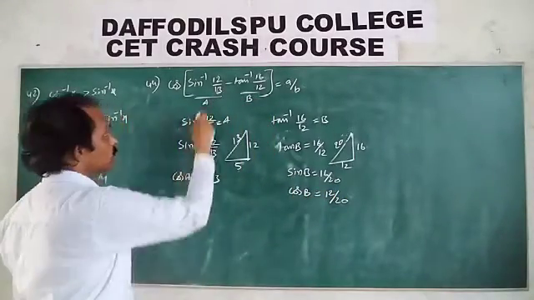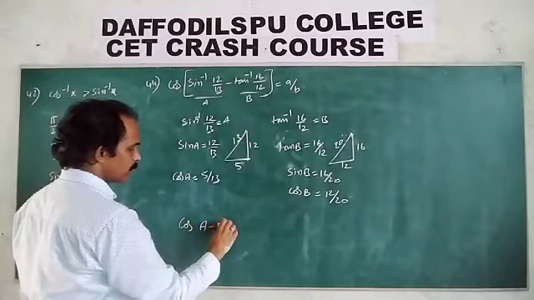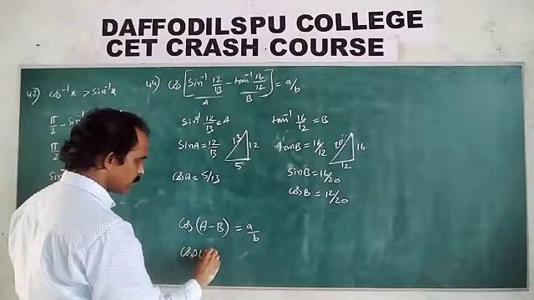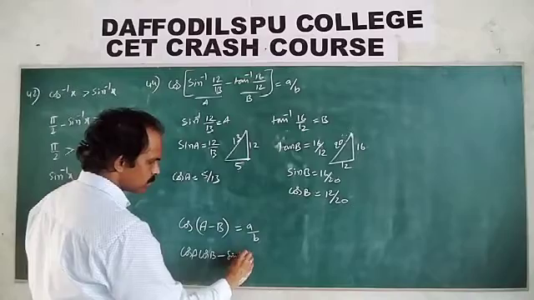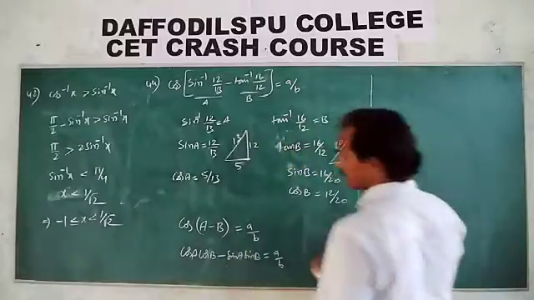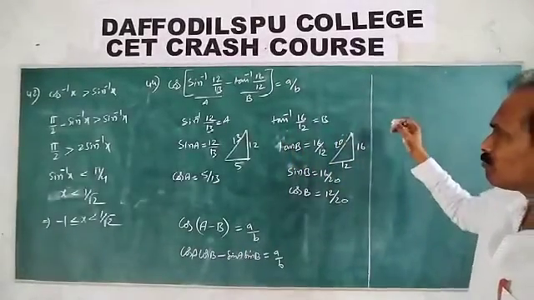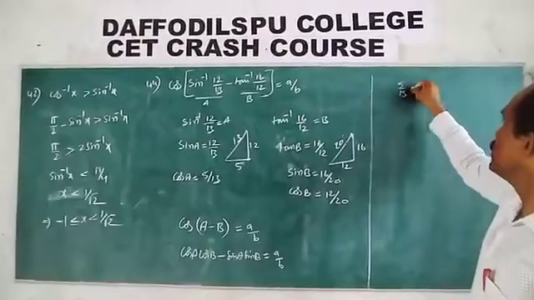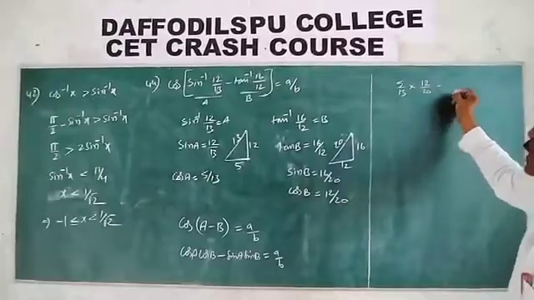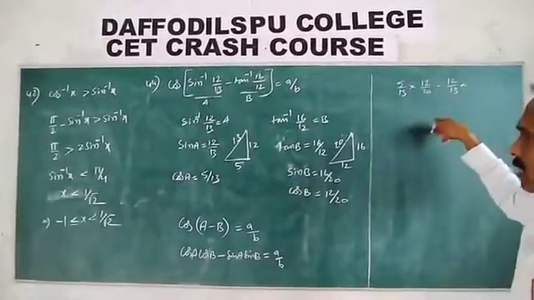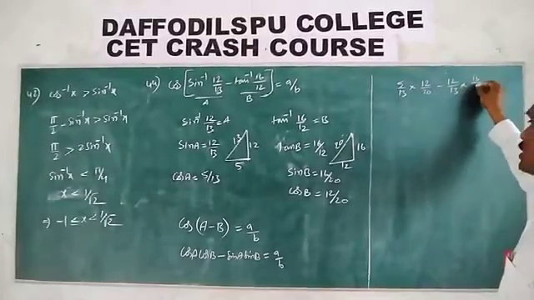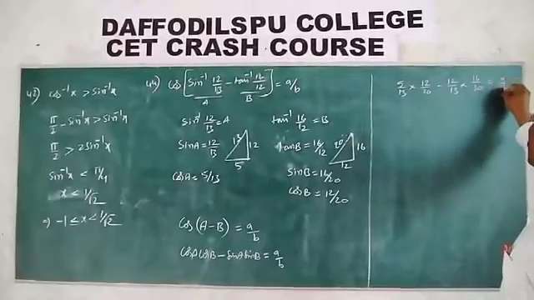Therefore cos(a minus b) is cos a cos b minus sin a sin b, which is a by b. Cos a value 5 by 13 into cos b value 12 by 20 minus sin a value 12 by 13 into sin b value 16 by 20 is equal to a by b.